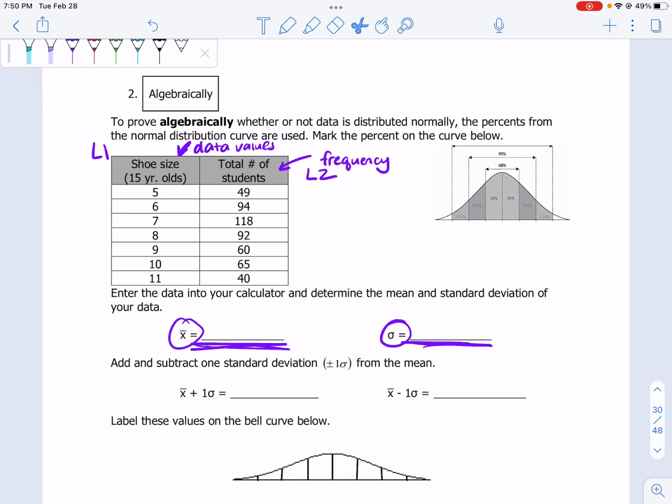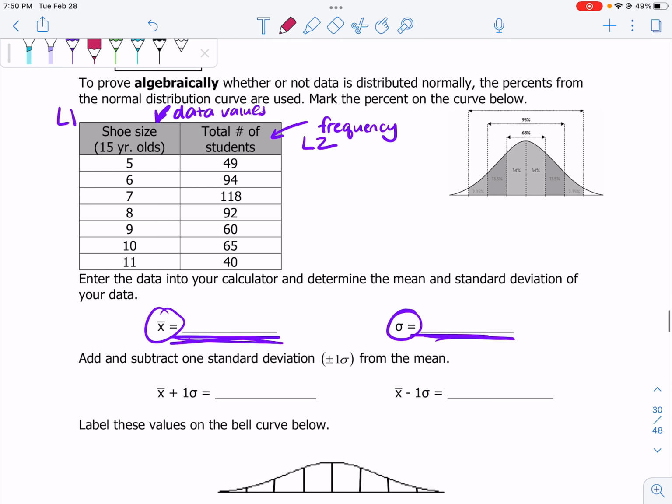And we're back. So hopefully you went ahead and you determined the mean and the standard deviation to 2 decimal places. I was able to calculate the mean of 7.72, and I was able to calculate the standard deviation to be 1.74.